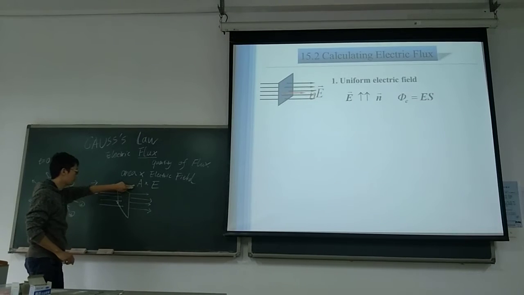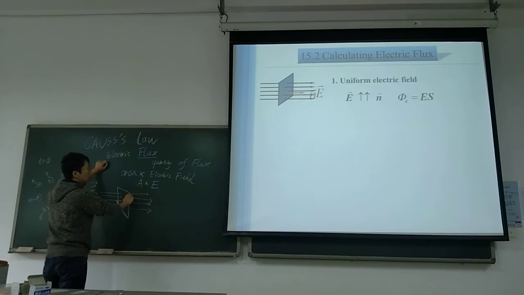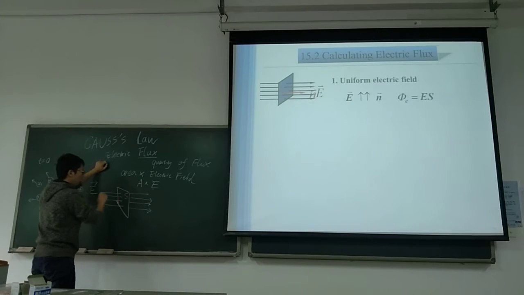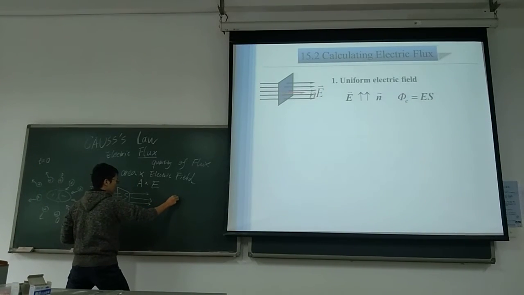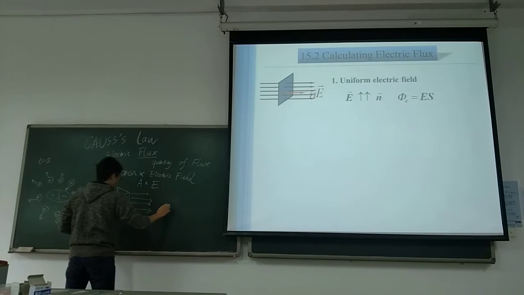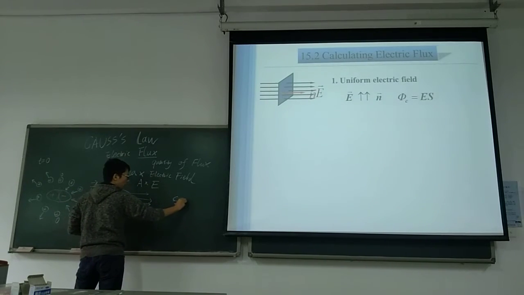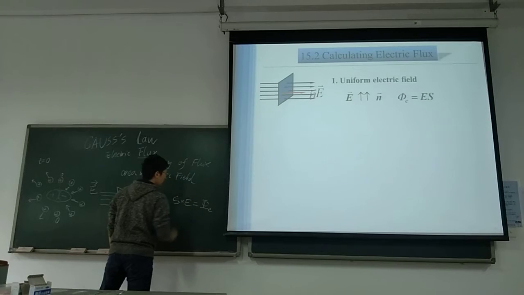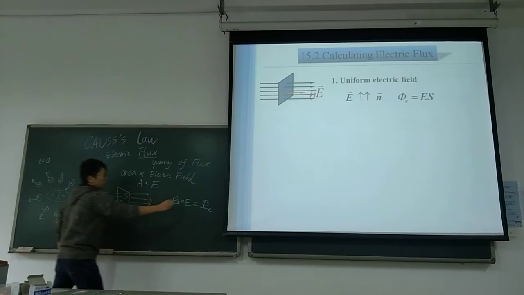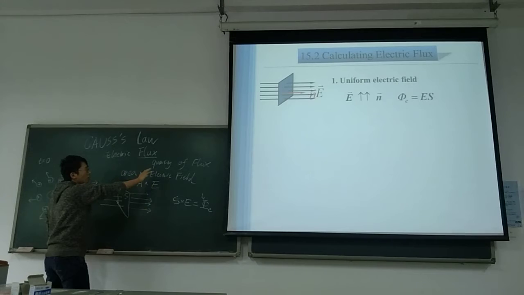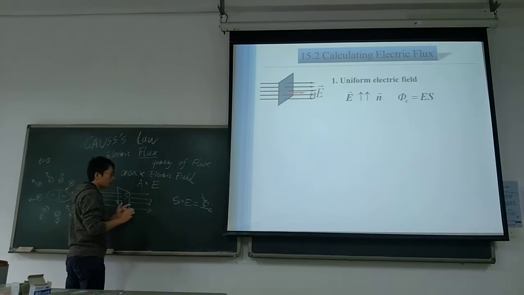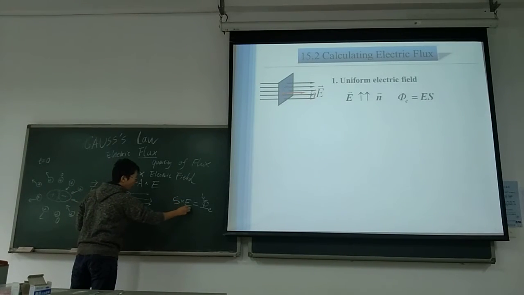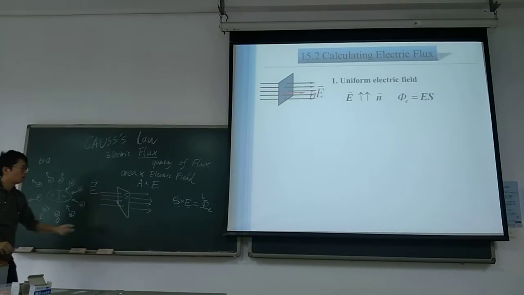By using the definition, the area of it, we can take the product of S and E. This parameter means the quantity of flux, and it is defined by the product of area and electric field.